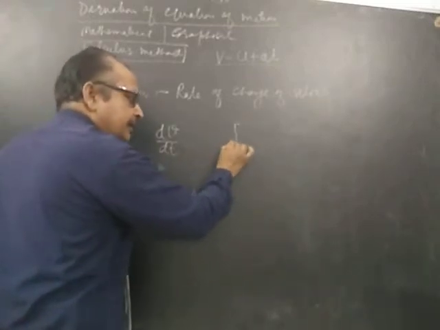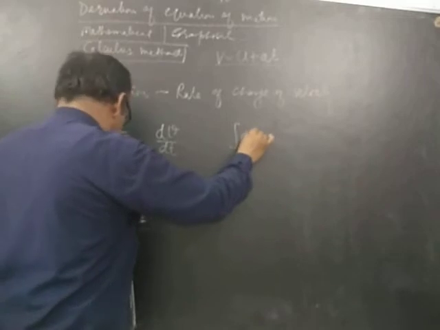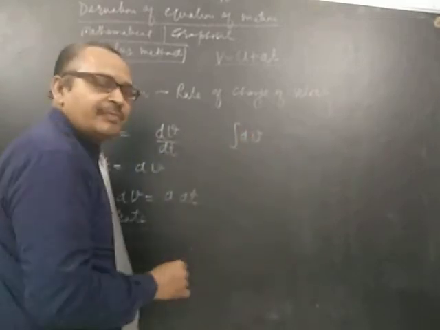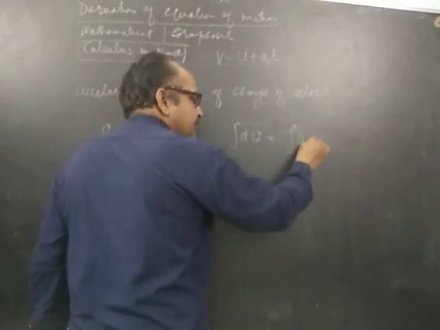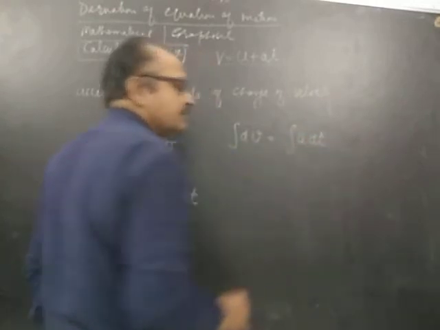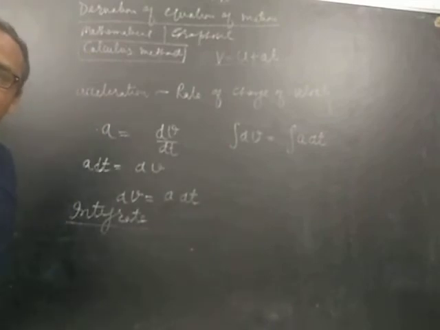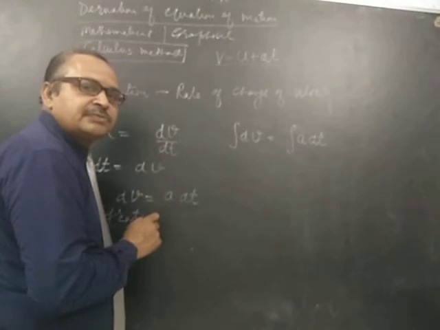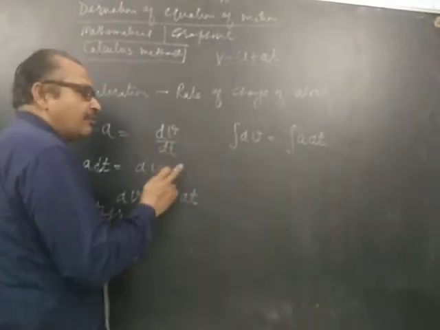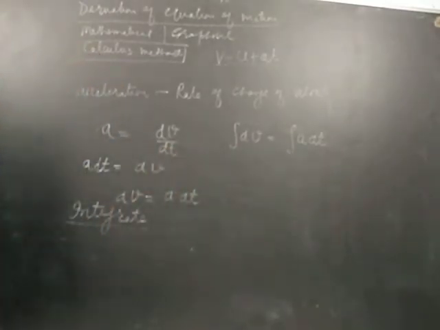Symbol of integration: integral of dv is equal to integral of a dt. Is it clear, my dear friends? This is velocity, so we have to apply the limit of velocity. And the second one is a function of time, so we will be applying the limit of time.